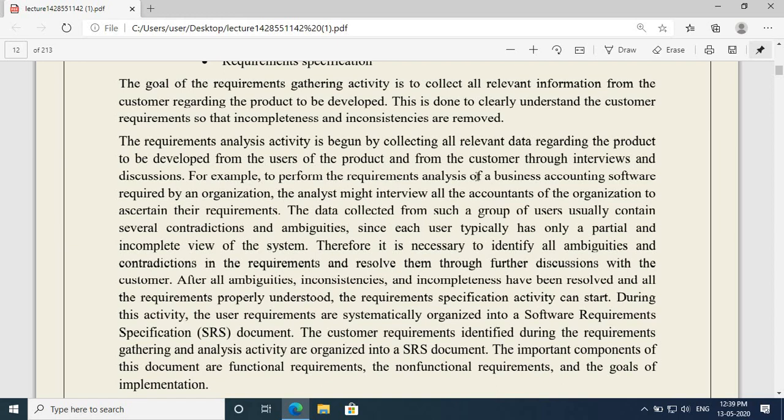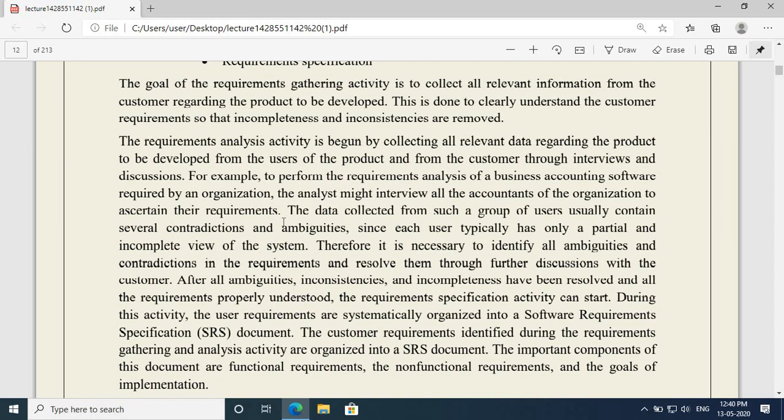For example, to perform the requirement analysis of a business accounting software required by an organization, the analyst might interview all the accountants of the organization to ascertain their requirement.